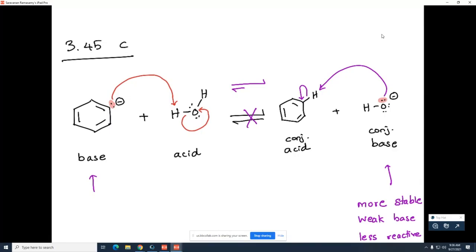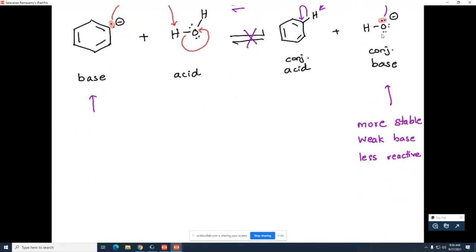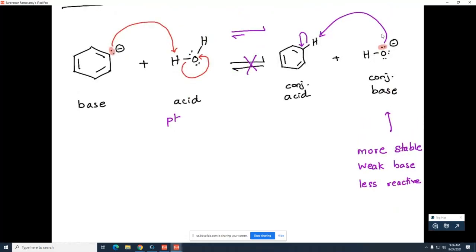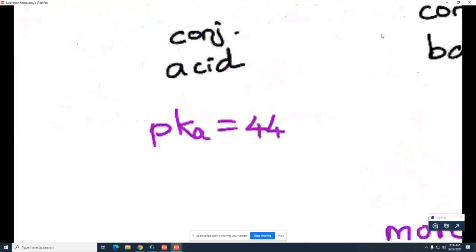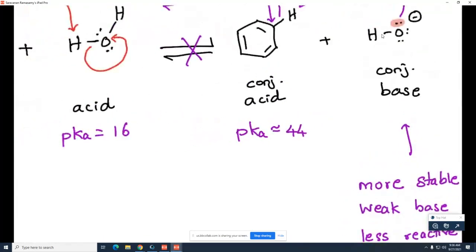Now use your pKa to validate this, quantitative analysis. Compare the pKa of water, which is 15.7 or 16, and the pKa of the hydrogen on an sp2 carbon. Where is it on the pKa table? Hydrogen on sp2 carbon. It's 44, right? I would just write it approximate because it's not exactly ethene.